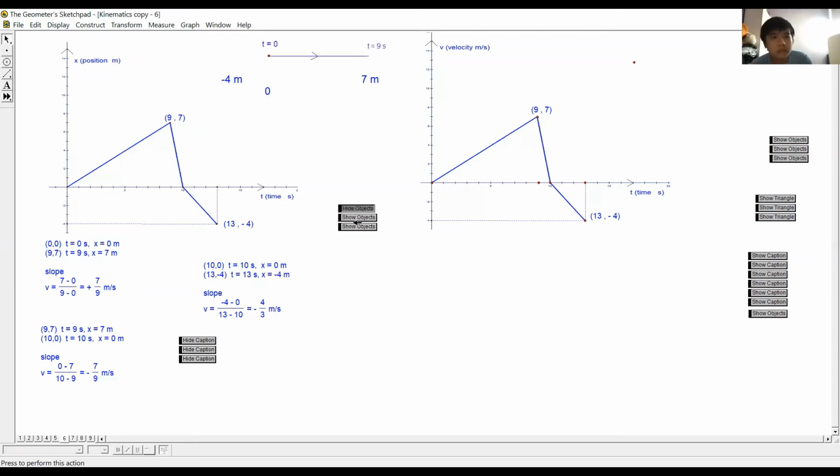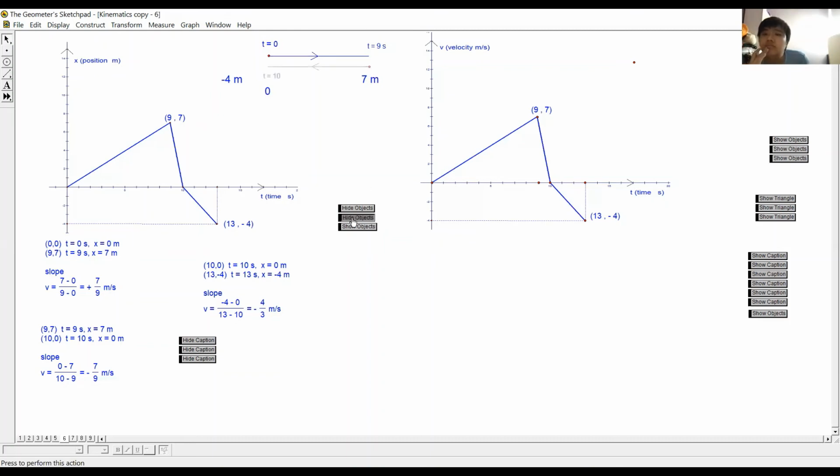Okay, so you look at the top here, right? From 0 to 9 seconds, they are moving to the right with a velocity of 7/9 meter per second, until it reaches 7 meters.